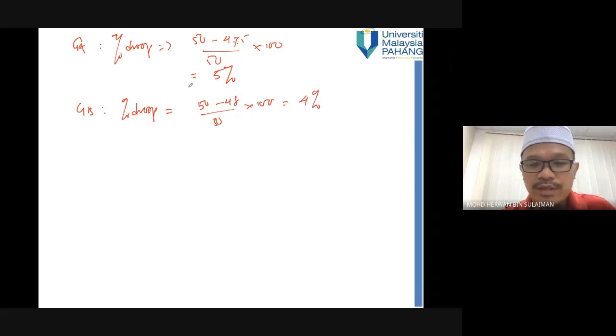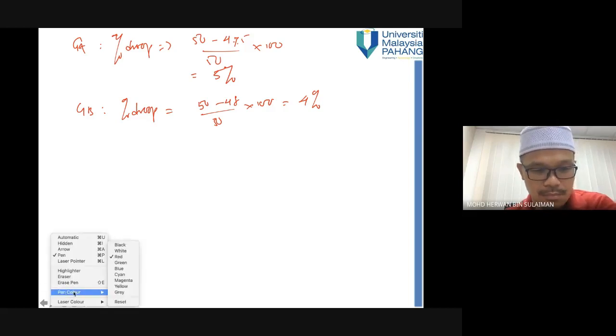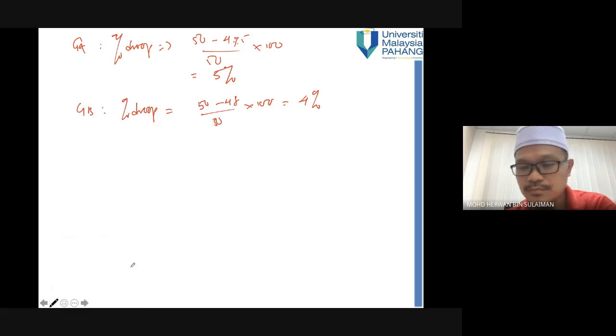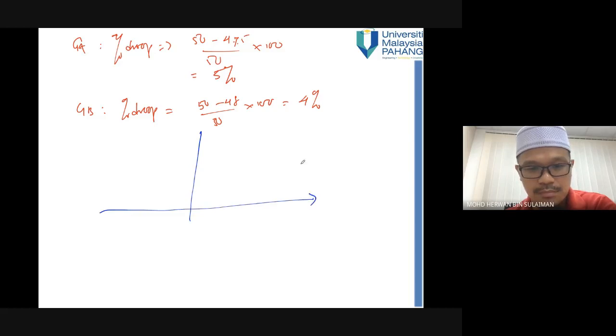So from here you can sketch. How do we sketch? This one is load. This one is frequency in per unit.